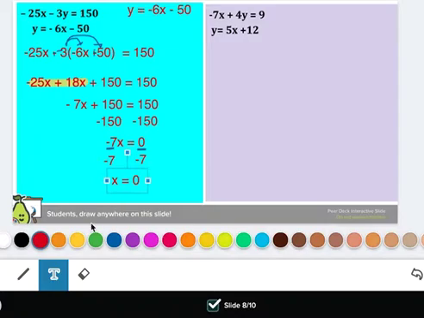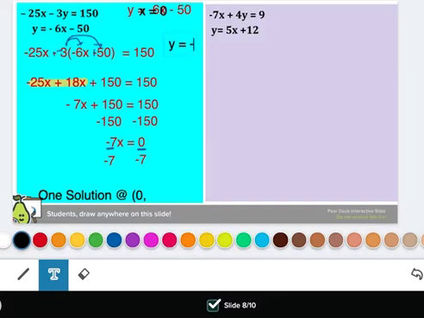Awesome. You take that 0, so this is going to be one solution at 0. And for the other ordered pair, you take it up and put the 0 under the x right there. So you got y equals -6 times that 0.